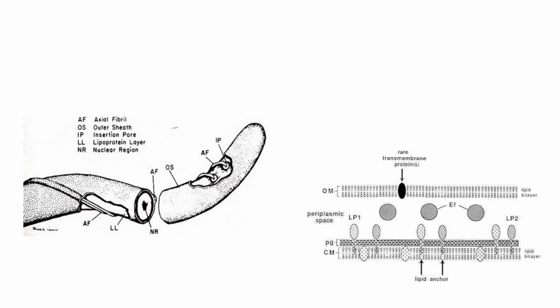This is the cellular membrane, this is peptidoglycan, this is the periplasmic space, this is the outer membrane, and this is the rare transmembrane protein. As you all know, gram negative bacteria have porin proteins. This is LP1, this is EF, and this is LP2.